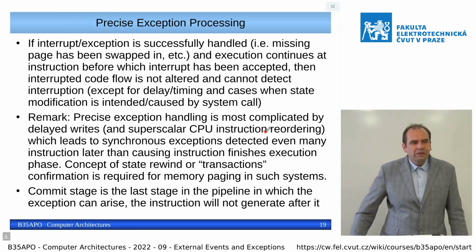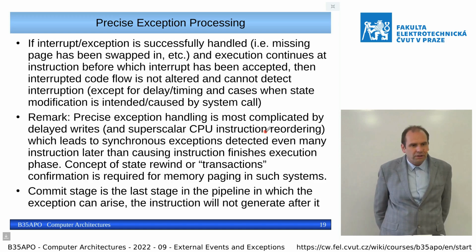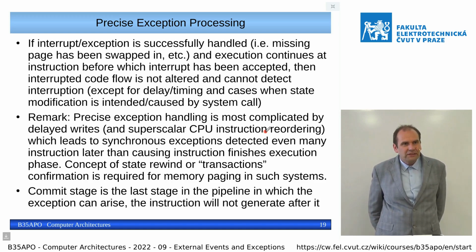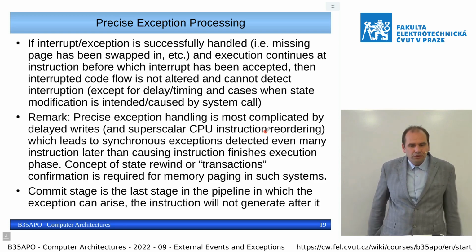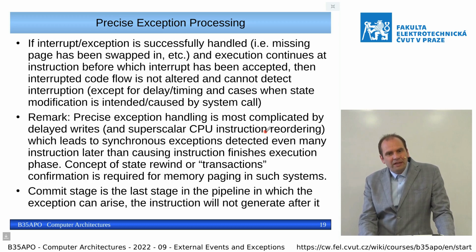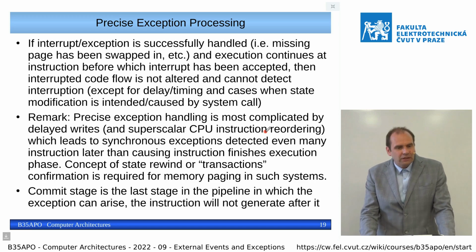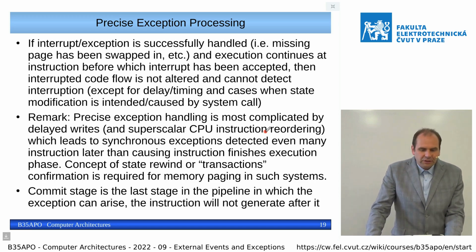But if you imagine that, for example, instructions are executed out of order, then it is quite possible that some instruction has already finished the execution and has its data, and in theory can attempt to write to the main memory, and only after that some preceding instruction, which, for example, causes a division by 0, causes the exception.